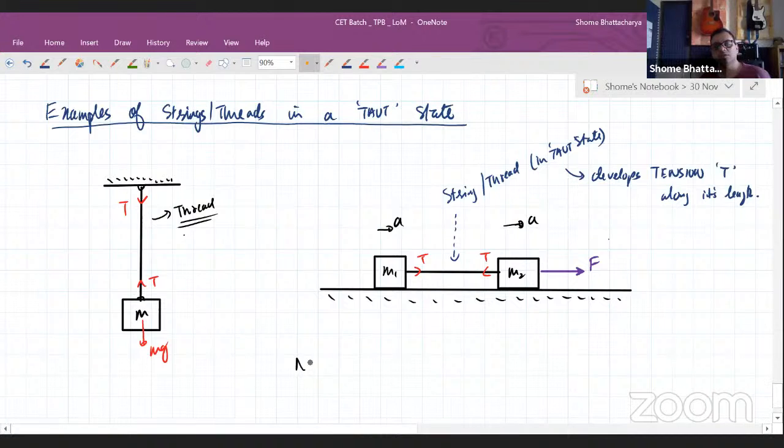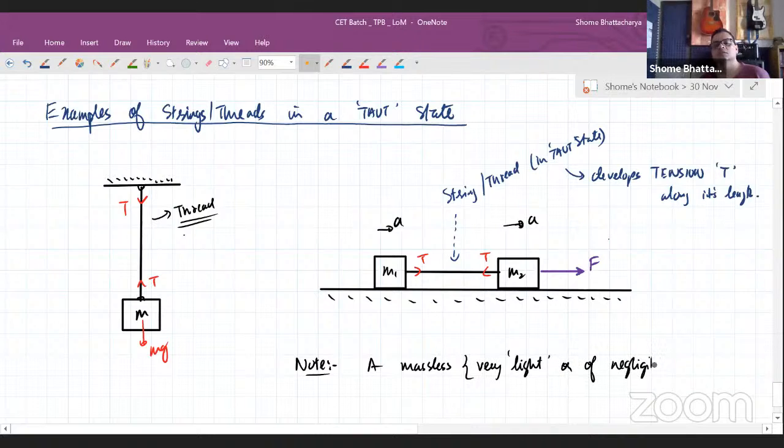One important point here is that a massless string. So what we mean by massless is very light or of negligible mass.